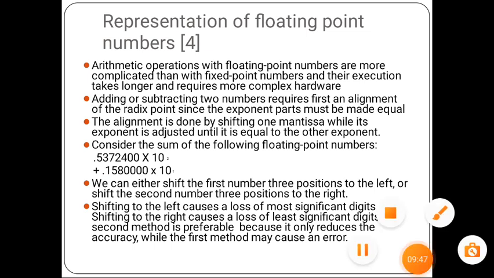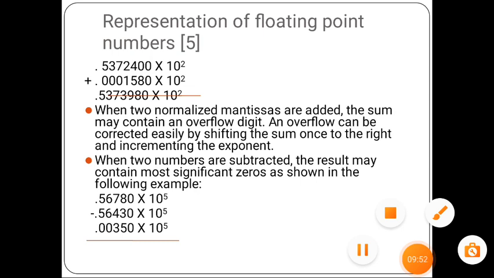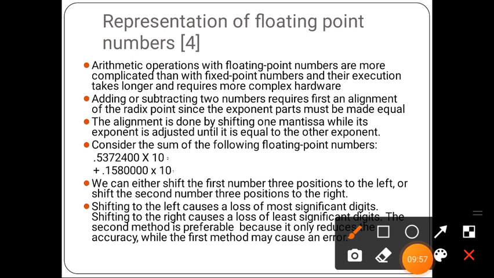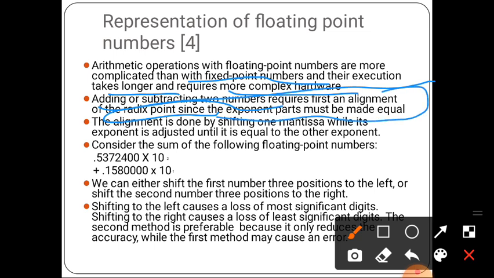Next, we consider the arithmetic operations. Floating point arithmetic operations are more complicated than fixed point operations, and their execution takes longer and requires more complex hardware. Adding or subtracting two numbers first requires the alignment of radix points, since the exponent parts must be made equal.